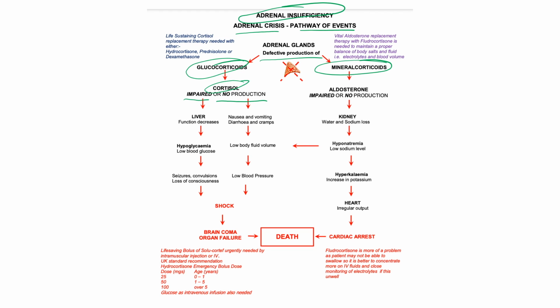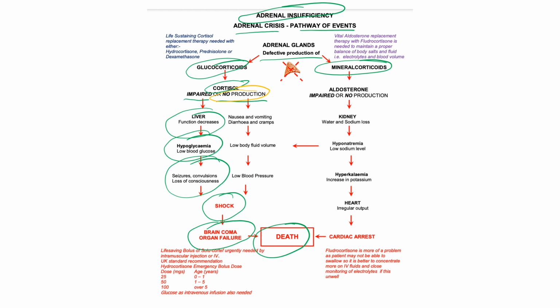If it's impaired, liver function will decrease, hypoglycemia will occur, seizures, convulsions, and loss of consciousness leading to shock, brain coma, organ failure, and death. Whereas cortisol's no production at all causes nausea, vomiting, diarrhea, cramps, right? The full body is breaking down. Low body fluid volume, low blood pressure, still causes shock, brain coma, organ failure, and death.